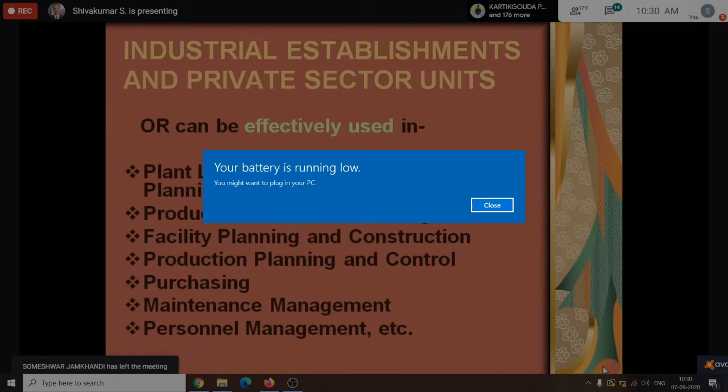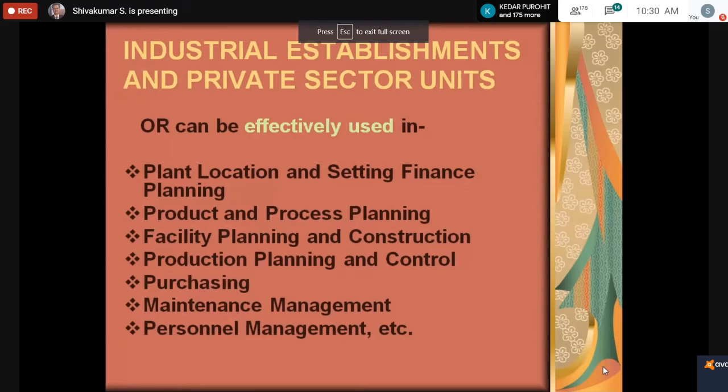The third field, industry establishments and private sectors, where OR can be effectively used in the following areas: plant location and setting, finance planning. The students who have taken OM, where I am planning to take this chapter, plant layout and location in operations management as an elective, will understand how OR is used.